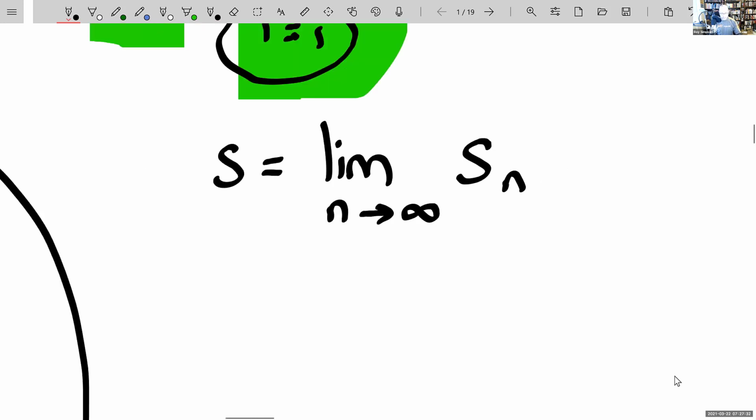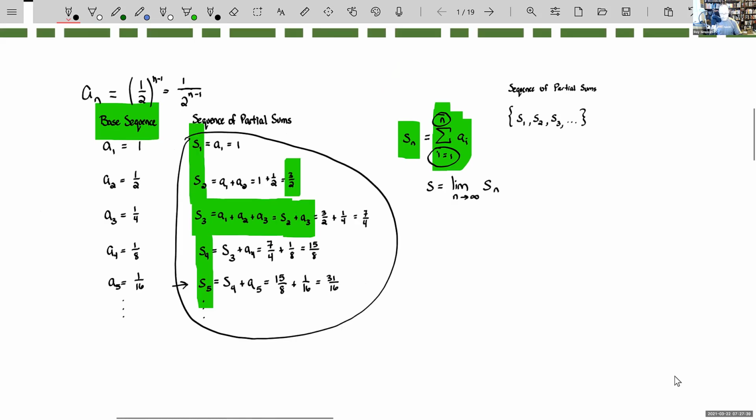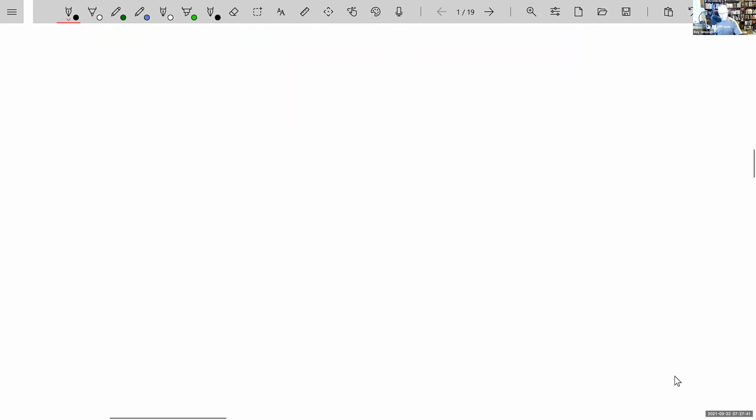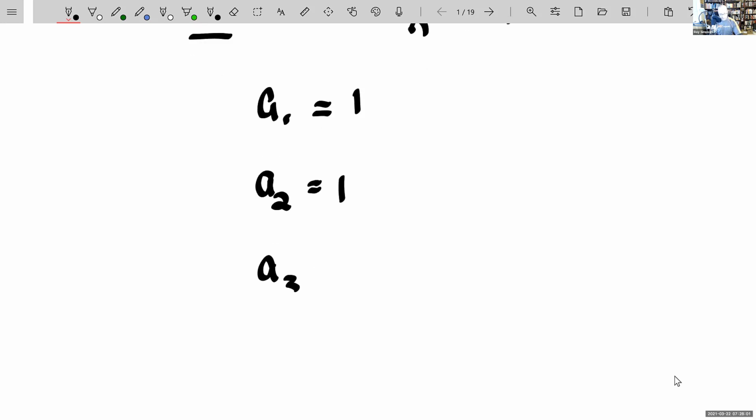So an example of a sequence of partial sums that's not finite, where the base sequence is finite, would be something like this. Let's pretend as though, as an example, we have a sub n, which is defined to be 1, always. So if you were to write out the terms of your base sequence, it'd be 1, 1, and 1, and so on and so forth down the line.